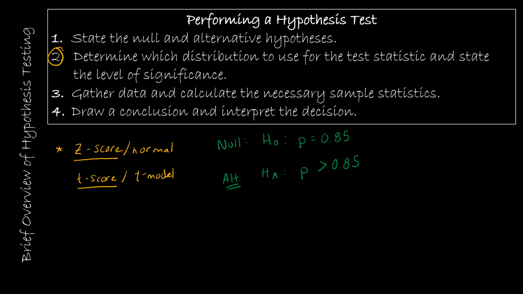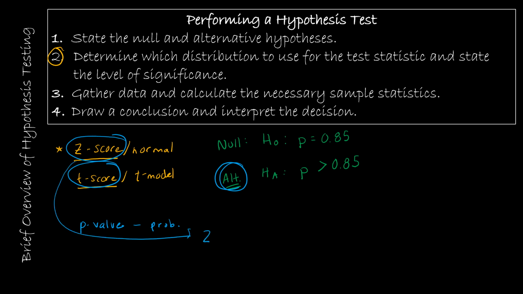So what we're going to do is we're going to find a p-value. And the p-value is just going to be the probability given our z-score or t-score and given our alternative hypothesis. So let's say I got a z-score of 1.37 and my alternative hypothesis was greater than, that's a right-tailed test because I'm finding the area to the right.